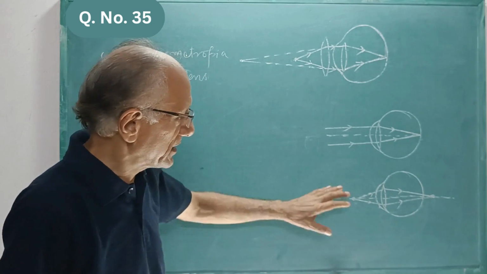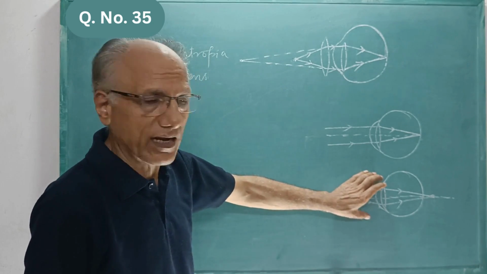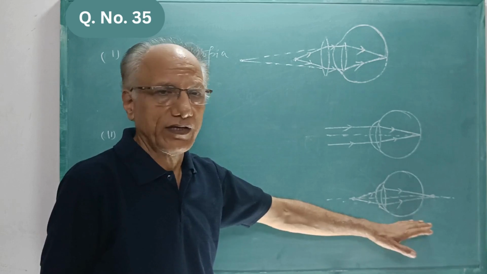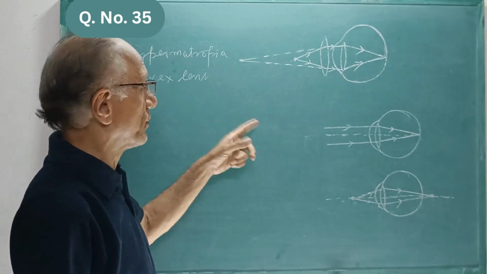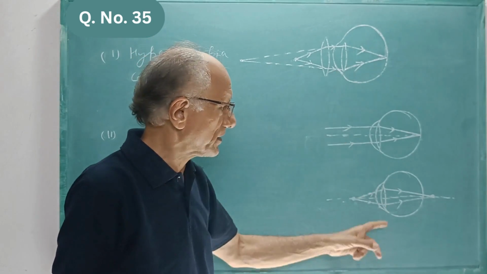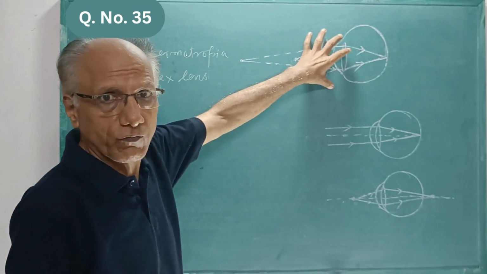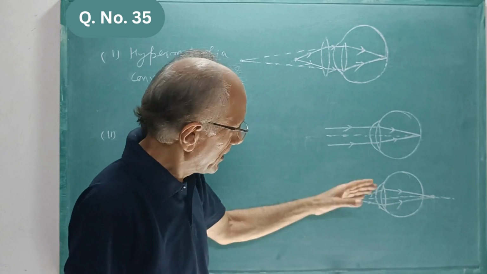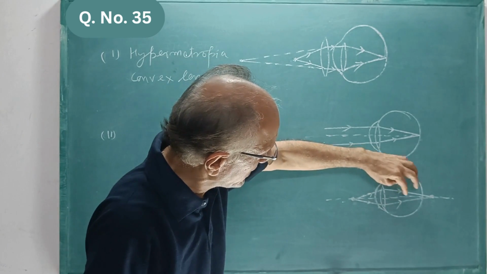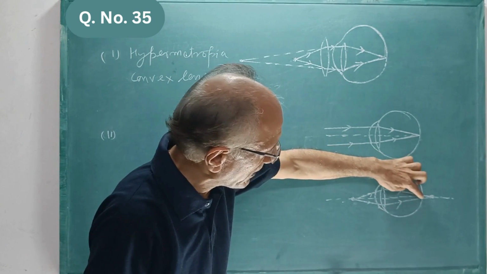So that is the schematic diagram showing the defect of that person, hypermetropia, which is given in the question. So here we need to converge these rays so that they will meet earlier.